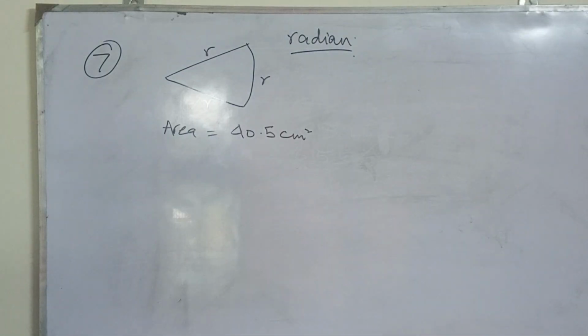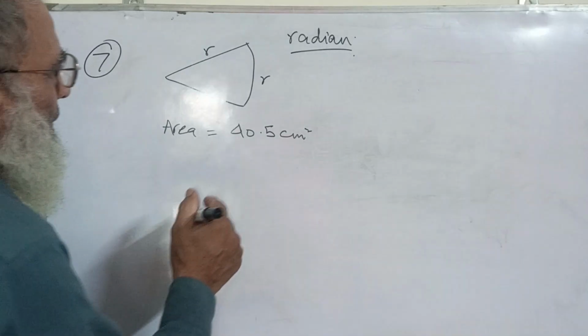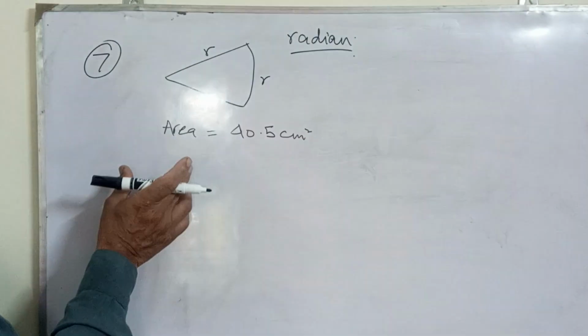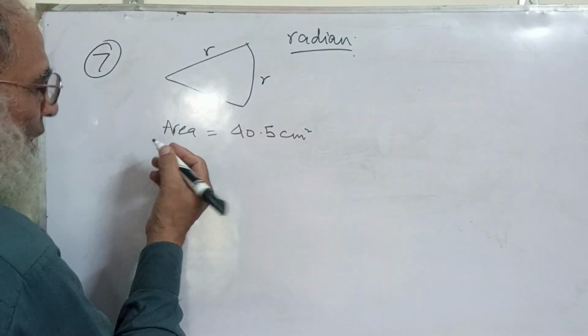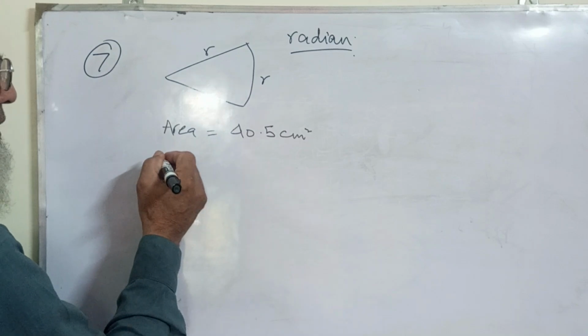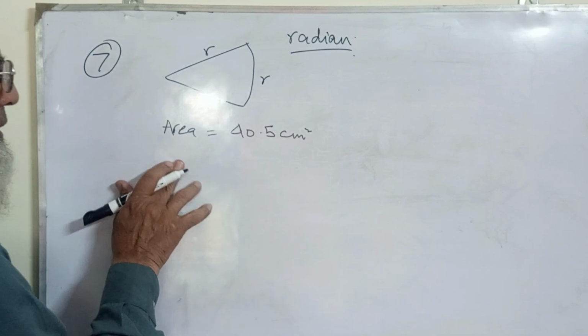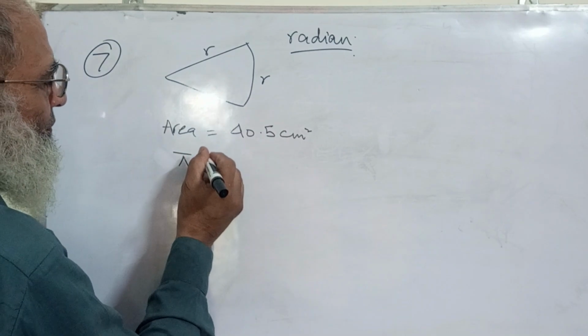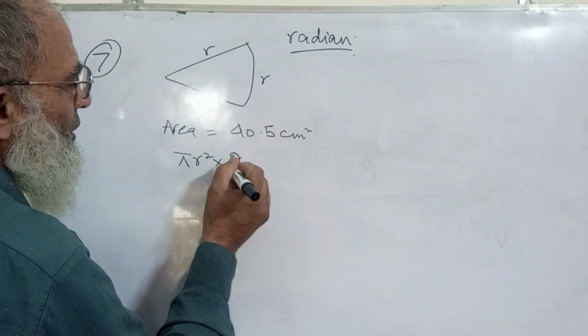Since I am going to solve this in the conventional method, you know the area of a sector is pi r square into theta upon 360.